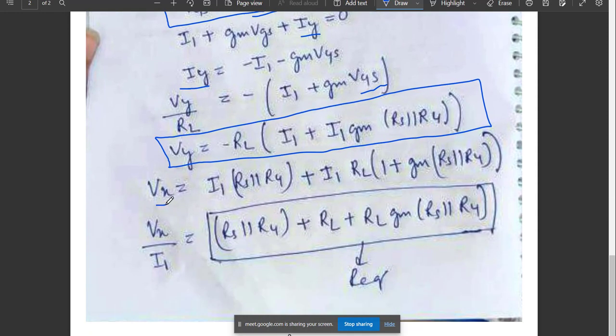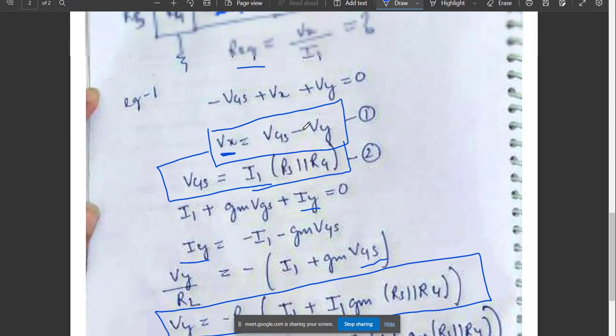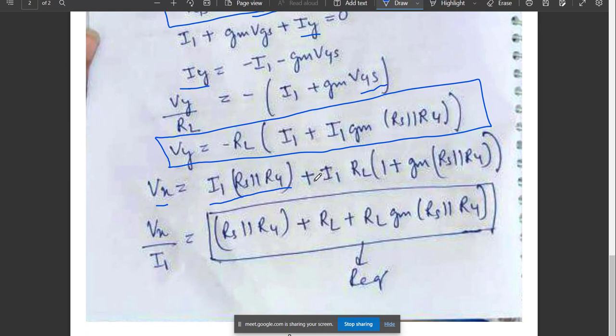So Vx is equals to VGS, which is I1 RS parallel to RG, plus I1 RL into 1 plus GM RS parallel to RG. So Vx divided by I1, taking I1 common, is equals to RS parallel to RG plus RL plus RL GM RS parallel to RG.